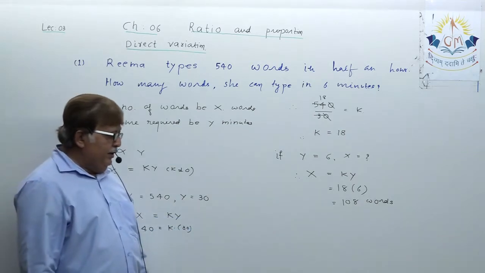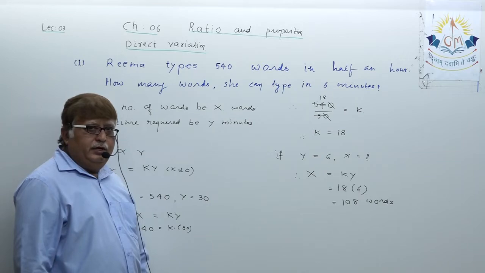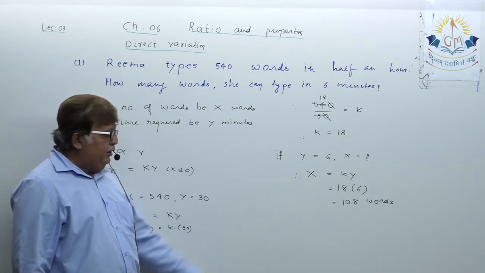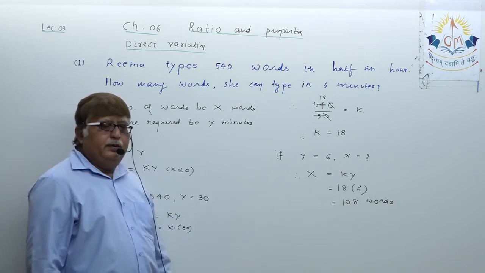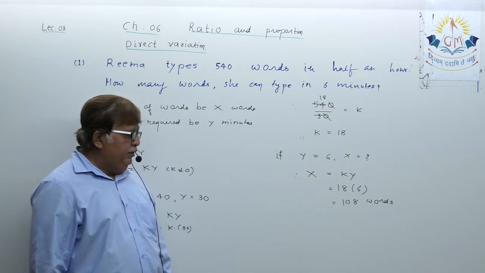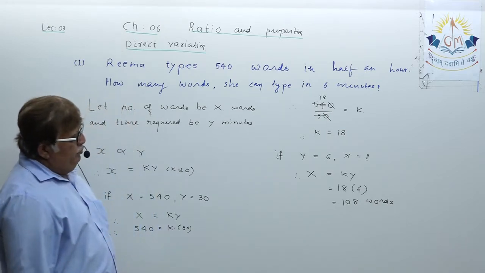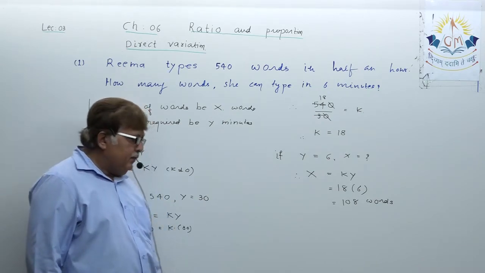Last statement I am not writing just now. You need to write in test. You have to write Rima can type 108 words in 6 minutes. You can write it as a statement. Understand?